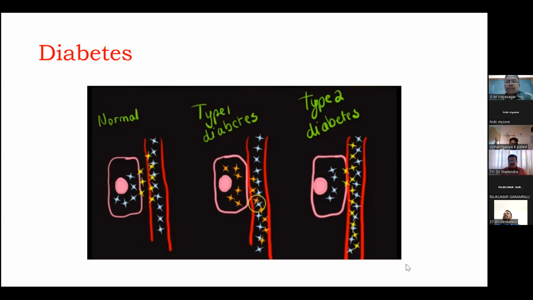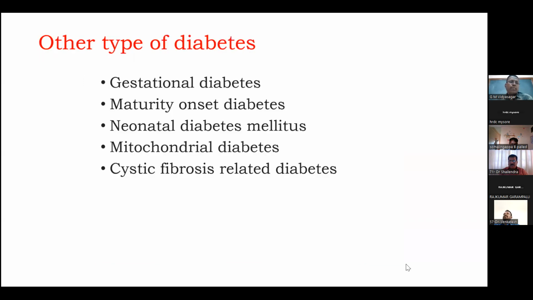Insulin resistance develops in the later stage, and there will be a deficiency of glucose in the cell. So these three pictures clearly show how diabetes develops and how sugar enters into the cell.